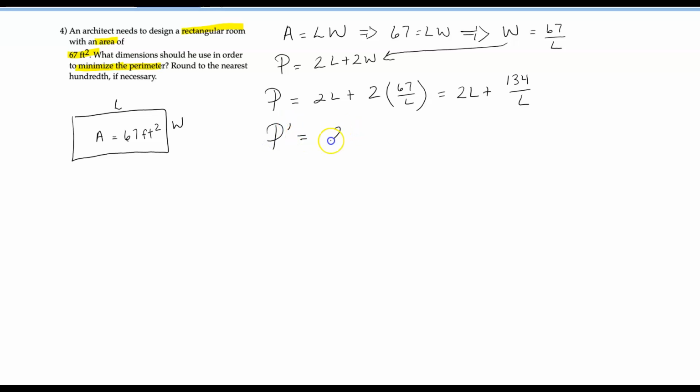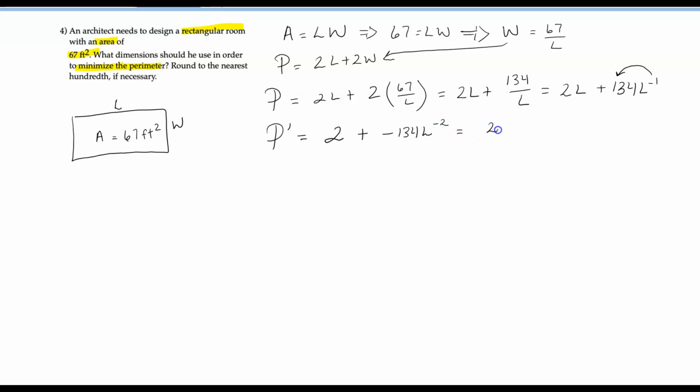So the derivative of 2L is 2, but then I have to rethink this formula for perimeter to say that it's 2L plus 134 L to the negative 1. All right, so when I take the derivative, power down, it becomes negative 134, and L to the minus 2, because you subtract 1.